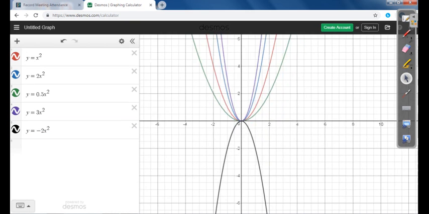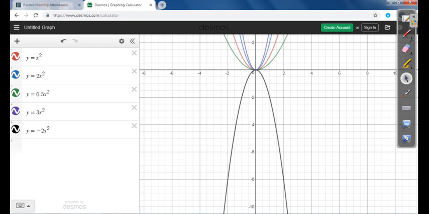Aha. So that A value, if it's negative, it's going to cause the graph to flip. We call this, if you're standing here and you see yourself in a pond, what do you call that? Reflection. And this is what's happening to my blue graph in this case. It's reflected.